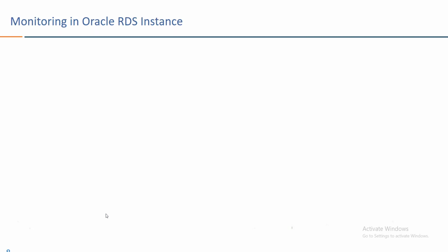So the next feature is monitoring in an Oracle RDS instance. There was an option, am I right? You can send your logs to CloudWatch, and there was some enhanced monitoring. Okay. So from the Oracle RDS console, you can monitor the following items as resources. I will show you, that is from the monitoring screen.